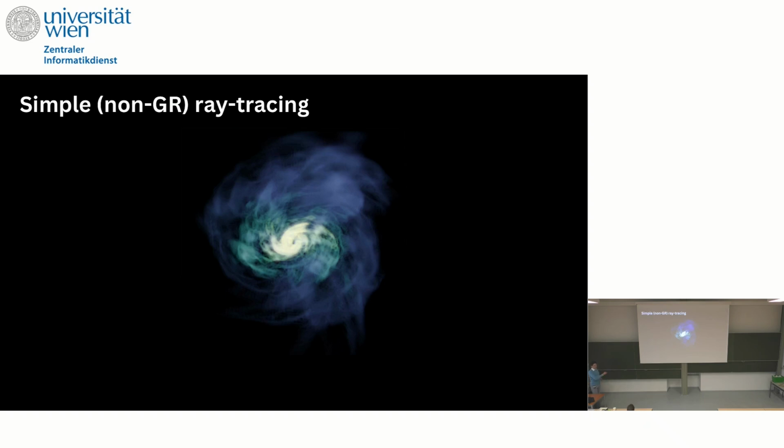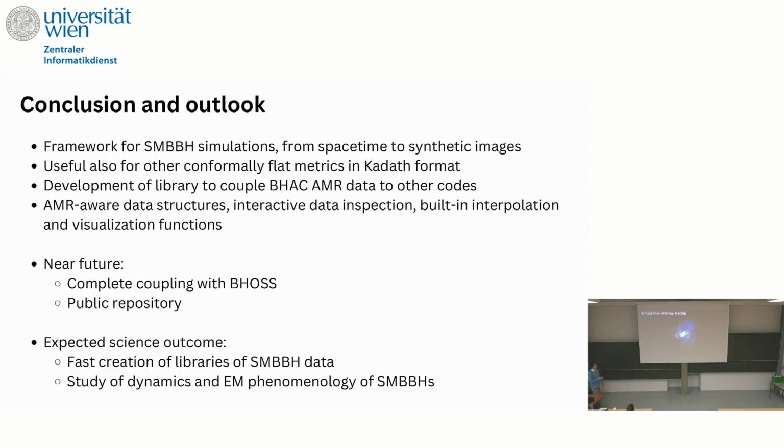So there is still no general relativistic ray tracing, but there is a simple ray tracing that is not general relativistic. This has also been done by launching rays and retrieving the values of the GRMHD variables at a single point, and you can use this to do some volume rendering, such as the accretion flow that you can see here. So, this is the current status of the library.